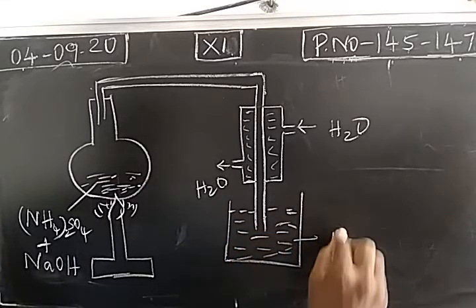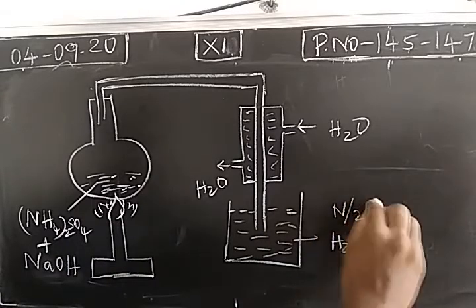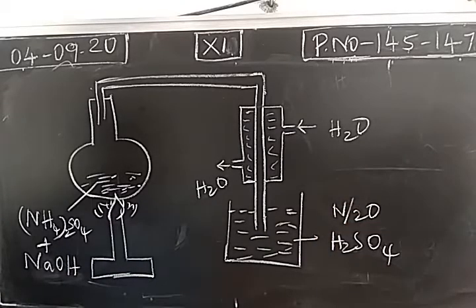So this is sulfuric acid solution. And we know the concentration of this one, around N by 20, 0.05 normal. So the normality or concentration of the solution is 0.05 normal. So this is the experimental arrangement.